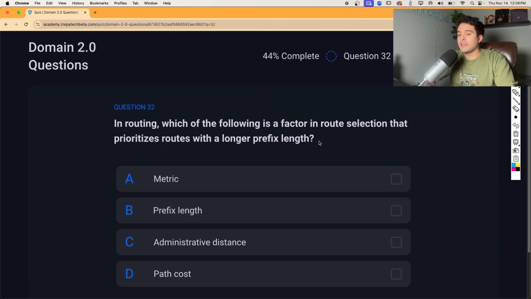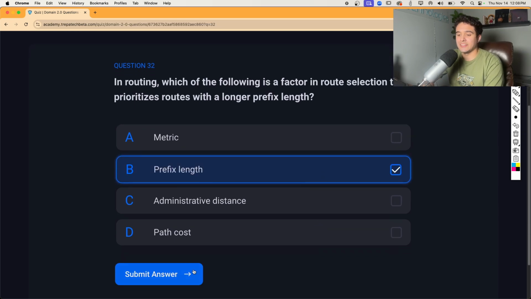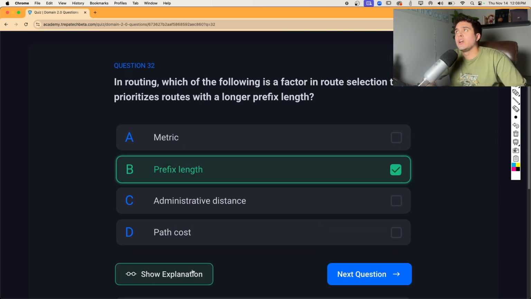Question 32. In routing, which of the following is a factor in route selection that prioritizes routes with the longer prefix length? That's the prefix length. That's a good question, right? In a routing table, what is the first thing it looks at to determine the best path?